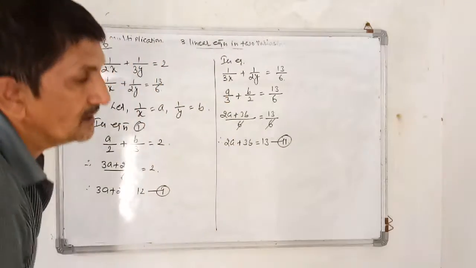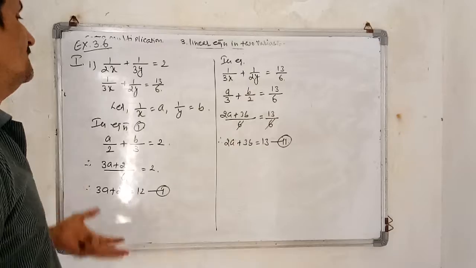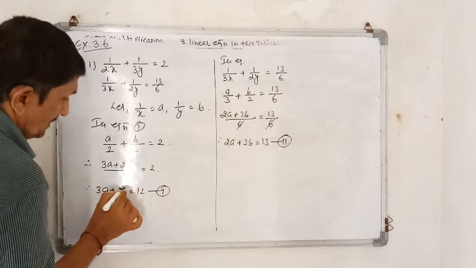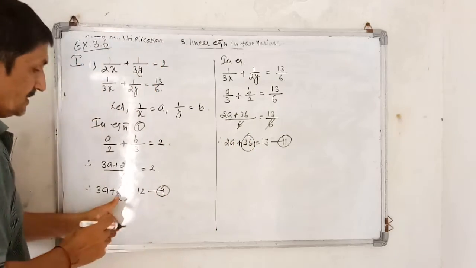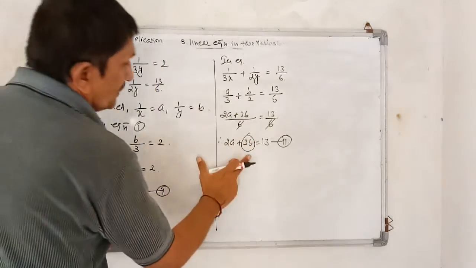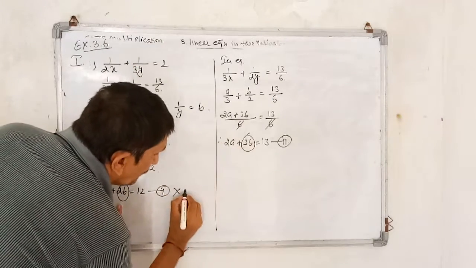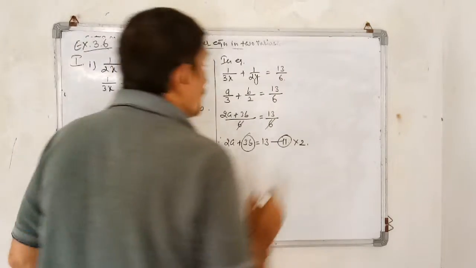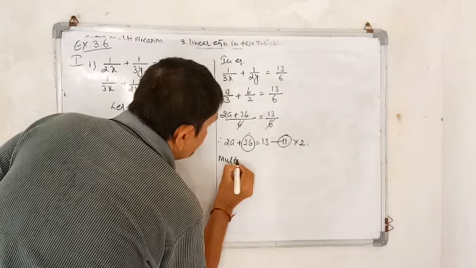Now these equations you can solve by any method. Okay, I am solving it by the elimination method. See here, I am considering b. So here the coefficient is 2 and here the coefficient is 3. So just multiply by this coefficient to the whole equation and by this coefficient to the whole equation.